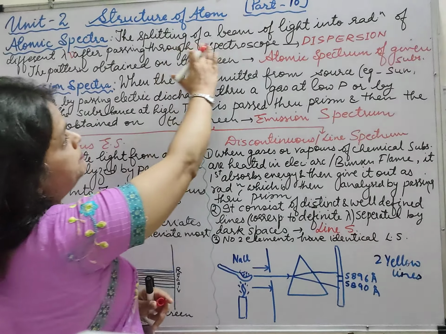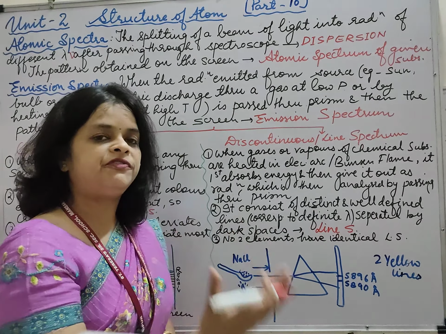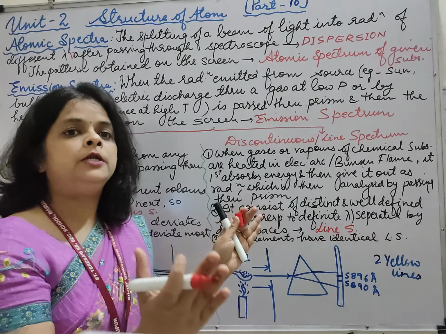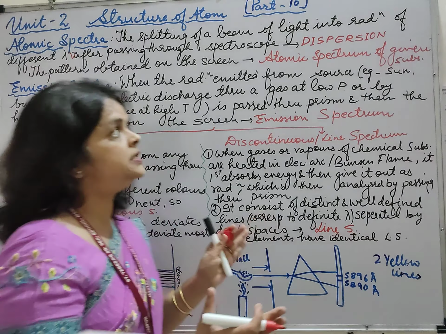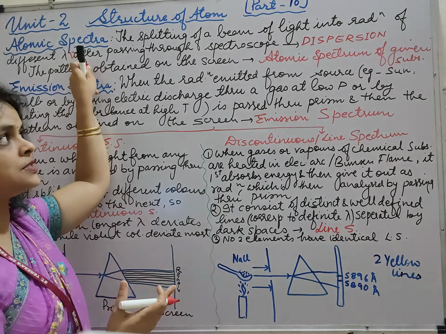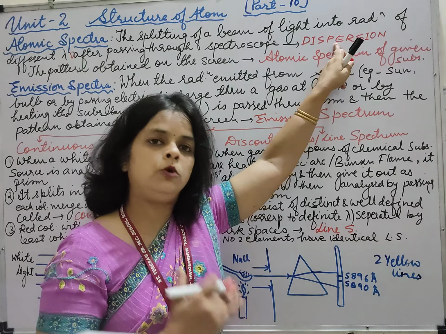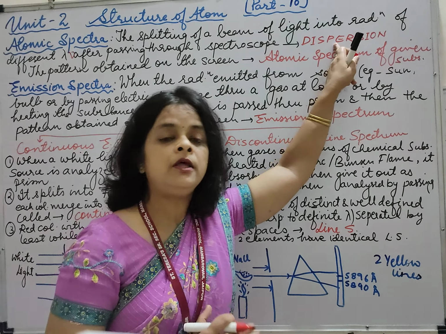When a beam of light passes through the prism or diffraction grating, it splits into its various components, different wavelengths or frequencies, and this phenomenon is called dispersion. You all must have studied dispersion in physics.